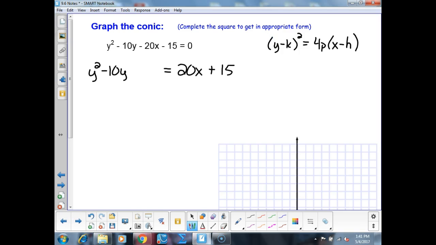Alright, so now we got to complete the square on the left side. So what's my b? Negative 10. So b over 2 is negative 5. b over 2 squared is 25. So I've got to add 25 here, which adds 25 there.